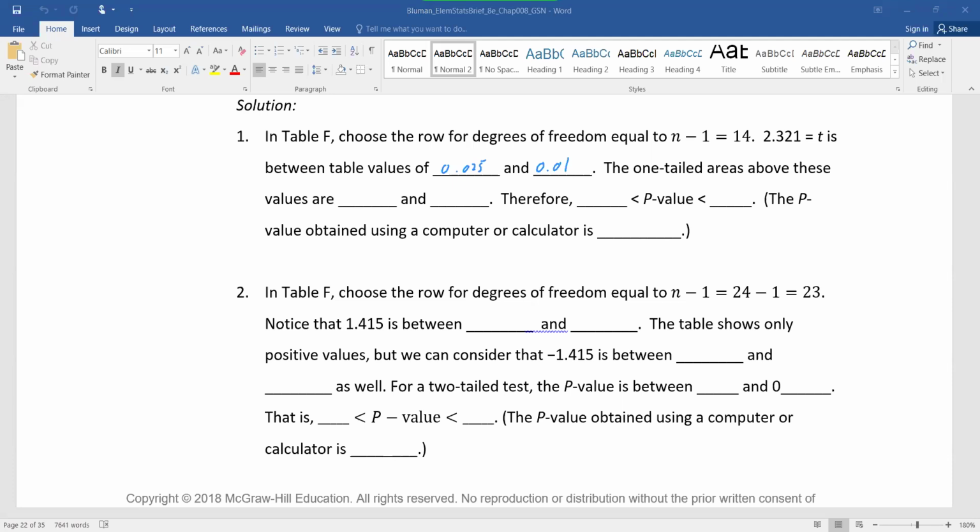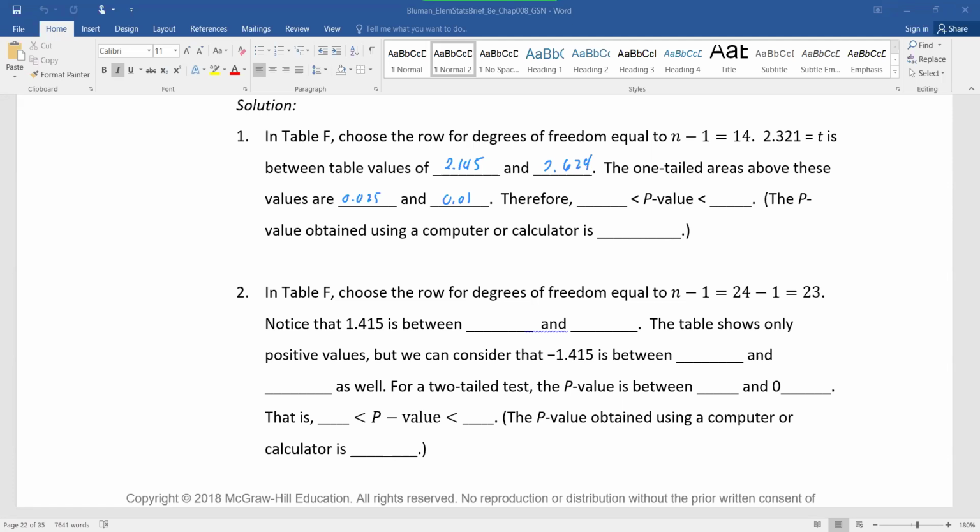So the one-tailed area above these values. Oh, I wrote that in the wrong spot. Sorry. That goes here. Those numbers will go there. So this would be the 2.145 and the 2.624.